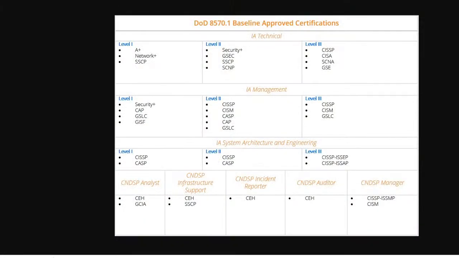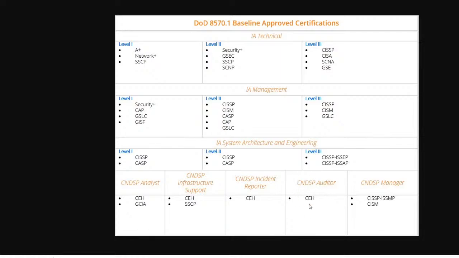Let me show you my screen here. Many of the certification folks are using this. The certification people are using 8570 or 8140 Cybersecurity Workforce. These levels here explain what certifications they recommend for each level and each role. I was talking about auditor. This is actually updated.